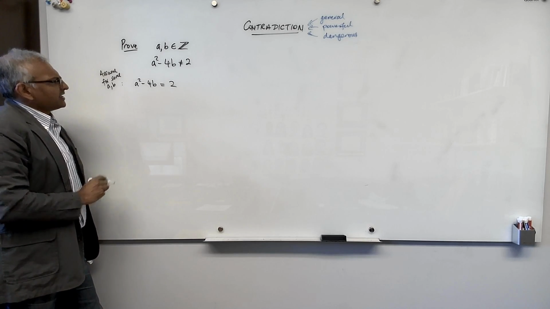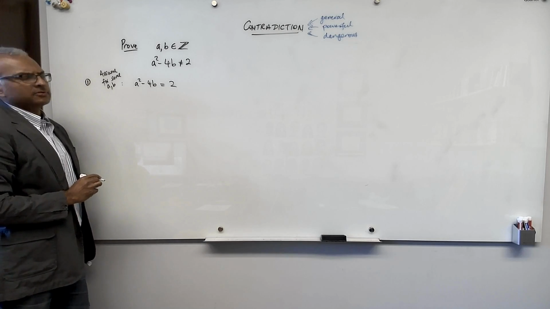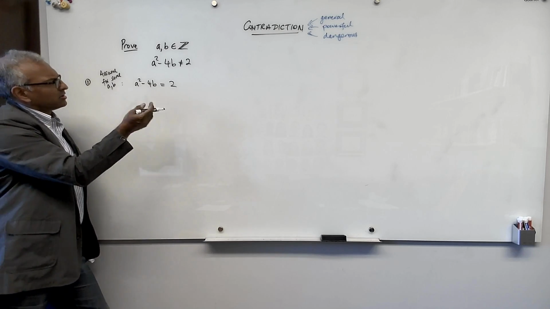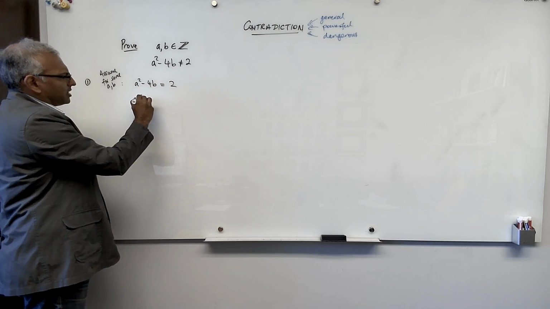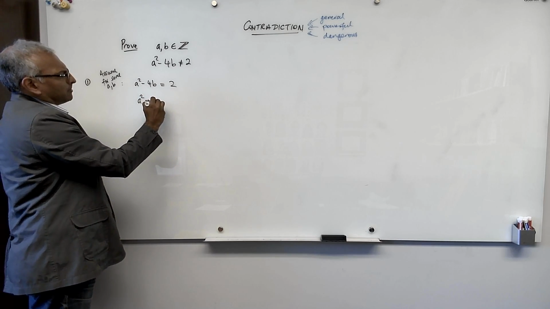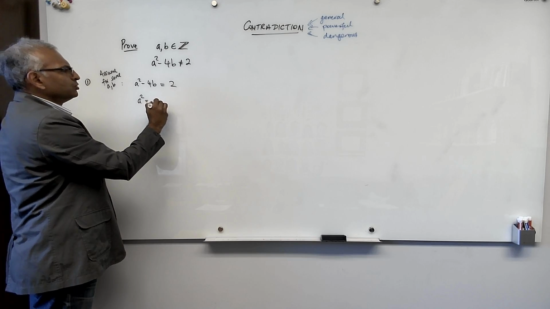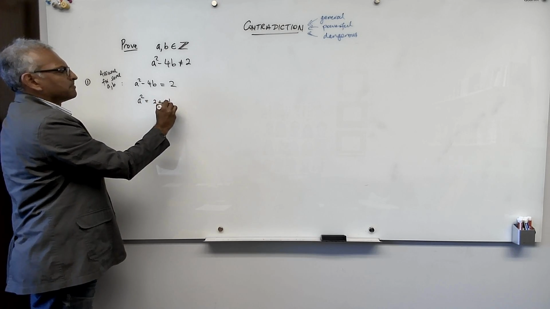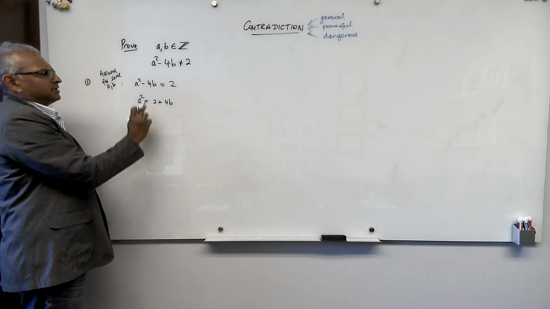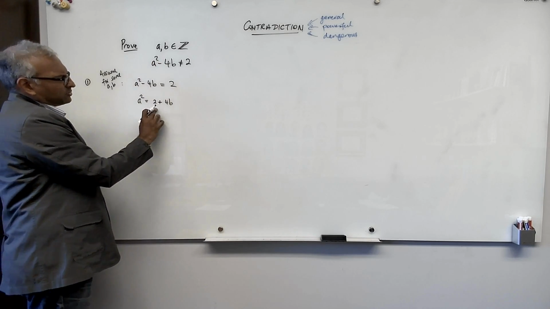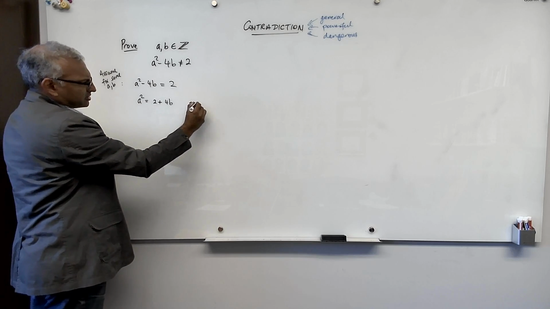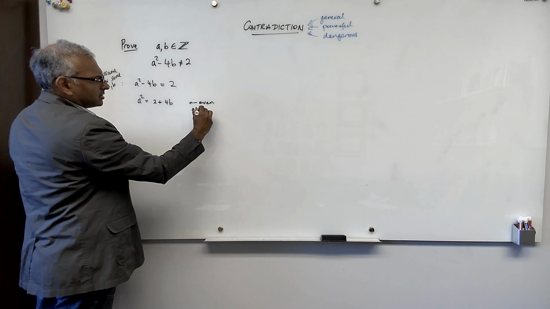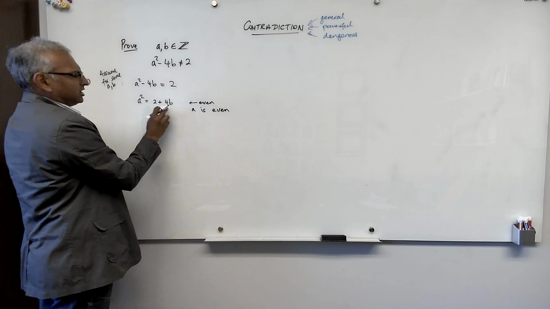And that's the first step in a contradiction proof. Now we're going to wander around. So what this means is that A squared is equal to 2 plus 4B. I just took this to there. I'm wandering around. And what I observe here, this is even. So A is even, because A squared equals an even number.